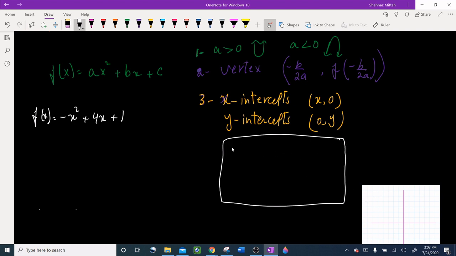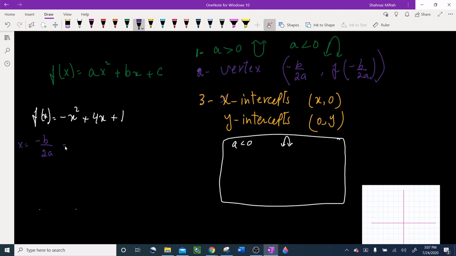So my parabola, my function, my a is less than 0, which means negative 1. So I have to have a concave down parabola. Okay, next, vertex. Find the vertex. And the vertex formula was negative b over 2a. This is for x, to look for x.